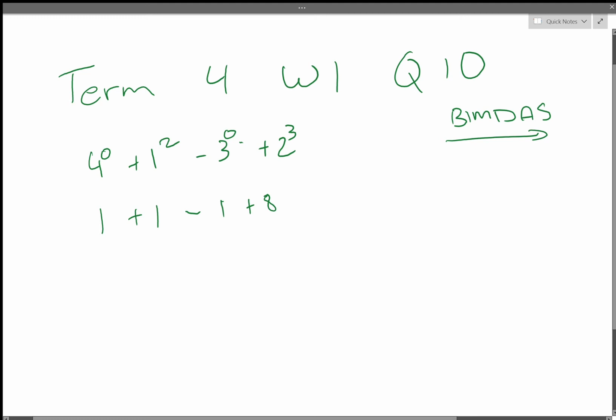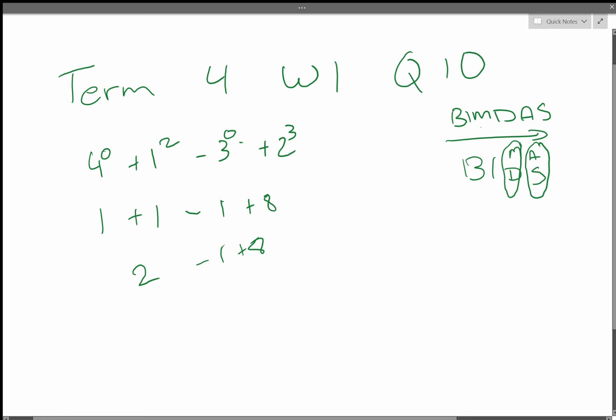And next we do multiplication, division. There's no multiplication or division here. Then we do addition. 1 plus 1 is 2, and then minus 1 plus 8. Now, in BIMDAS, it is often confusing when we see that M is before D and A is before S. In reality, it kind of looks like this. And what this means is that multiplication and division are on the same plane as each other, and so are addition and subtraction.